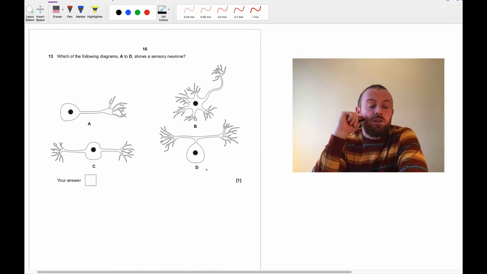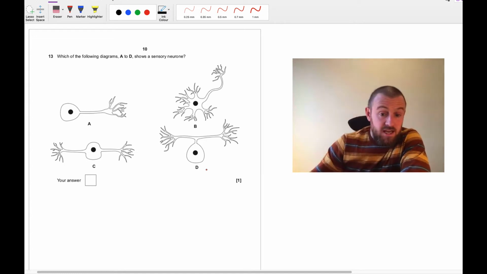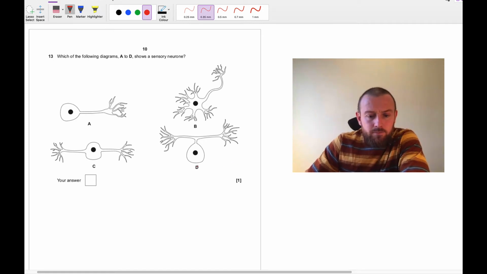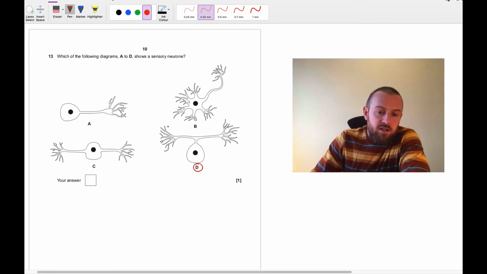Okay, 13. Which of the following diagrams, A to D, shows a sensory neuron? Okay, the answer is D. Now, how do I know that? The sensory neuron is the only one which has the cell body outside of the main pathway of the impulse. So let's imagine the impulse is moving this way.